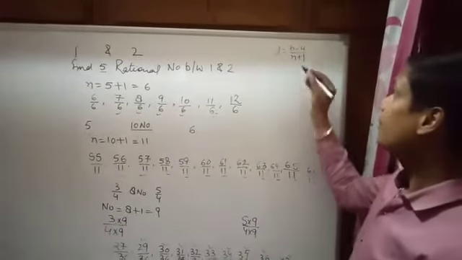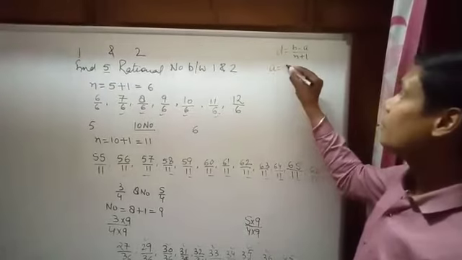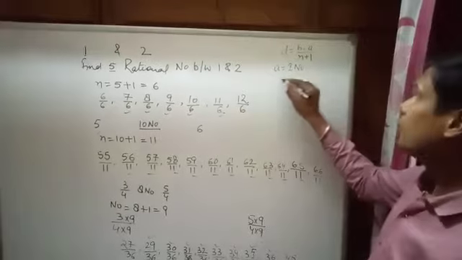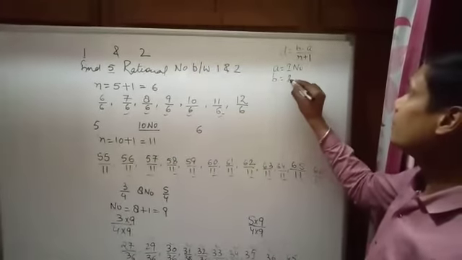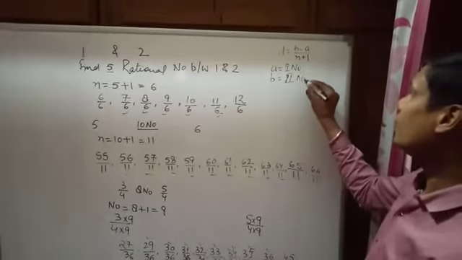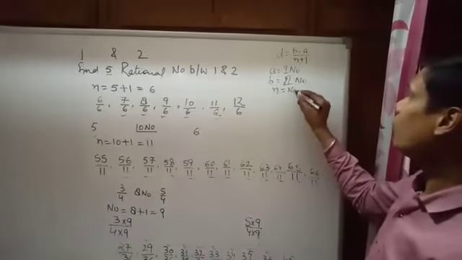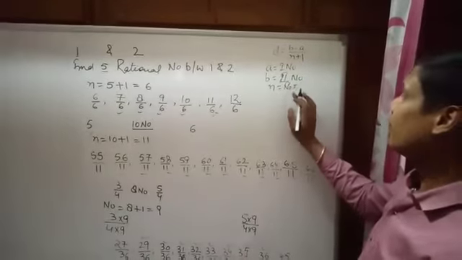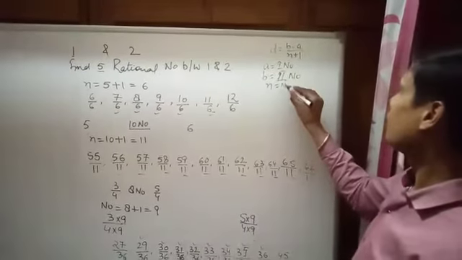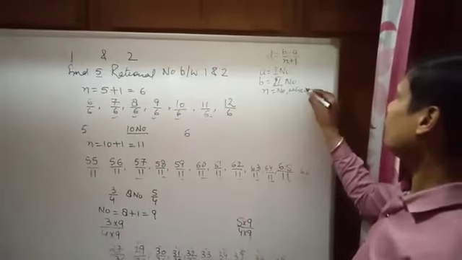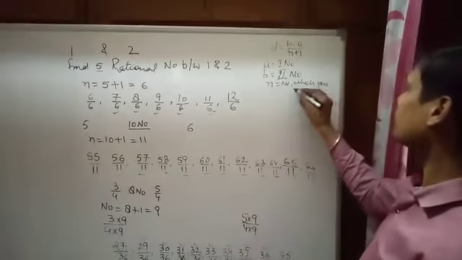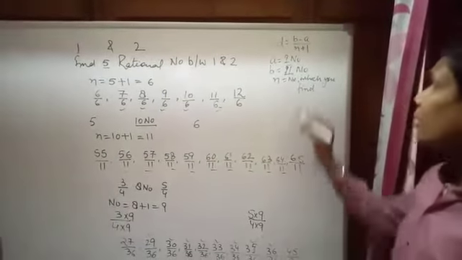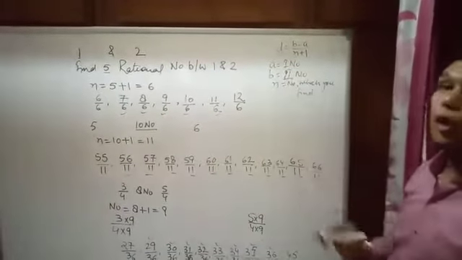Where A is the first number which is given, B is the second number which is given, and N is the number of numbers which you want to find. By this process you will get the value of D.